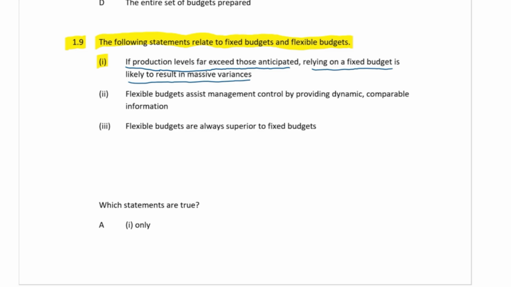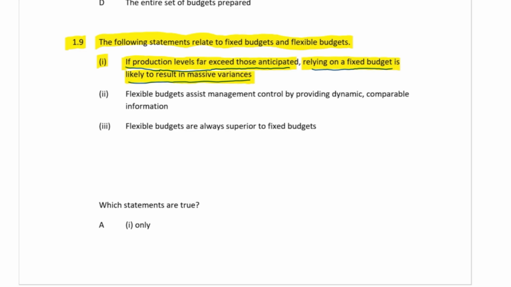In fact, variances is a very important topic that you need to know, and I will run you through that topic eventually. So the first on the list is this one that I've just highlighted, that if production levels far exceed those anticipated, relying on a fixed budget is likely to result in massive variances.